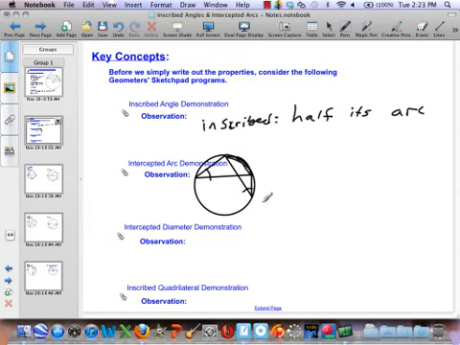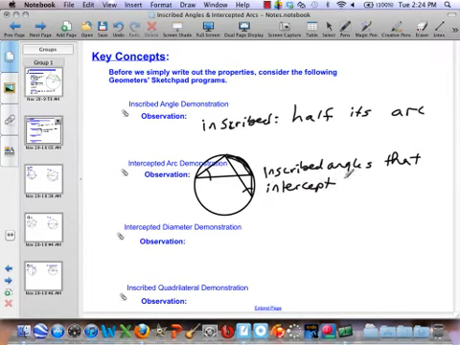What did you learn about the measure of those two angles? They are equal. So inscribed angles that intercept the same arc are congruent.